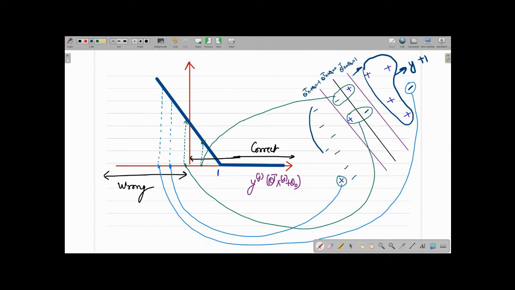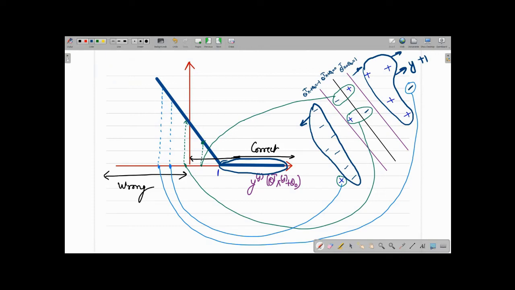Similarly, for all these points here, also you will have the same case, because yi is negative as well as the decision coming out from the hyperplane is also negative. So multiplying both of them will be positive. So you will be having all these points which are circled here and circled there lying in this region because it's a correct decision.